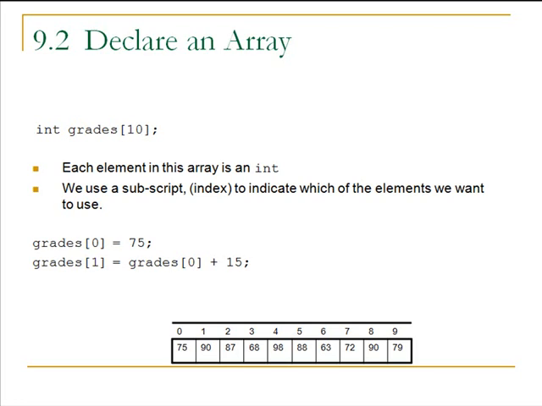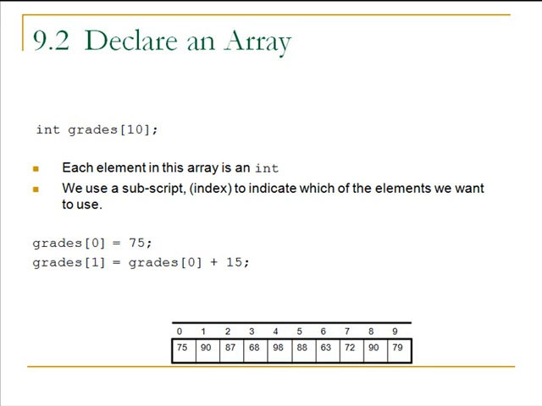So the individual grades in the array will be called the elements of the array, and we're going to access those individual variables, the elements, using a subscript or an index into the array to indicate which of the elements we want to use.